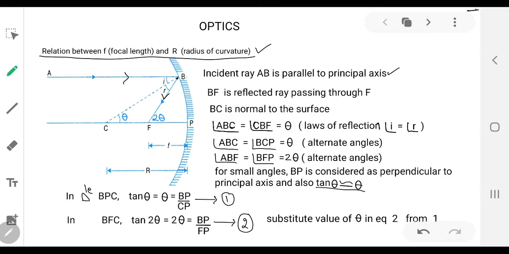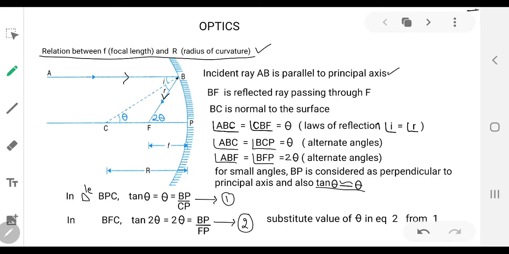Now what is this point B? Again, remember the portion discussed in the second part, how the spherical mirrors are formed. Spherical mirrors are formed by a sphere. They are part of a sphere. Now according to that concept, point B is also a point on the sphere.